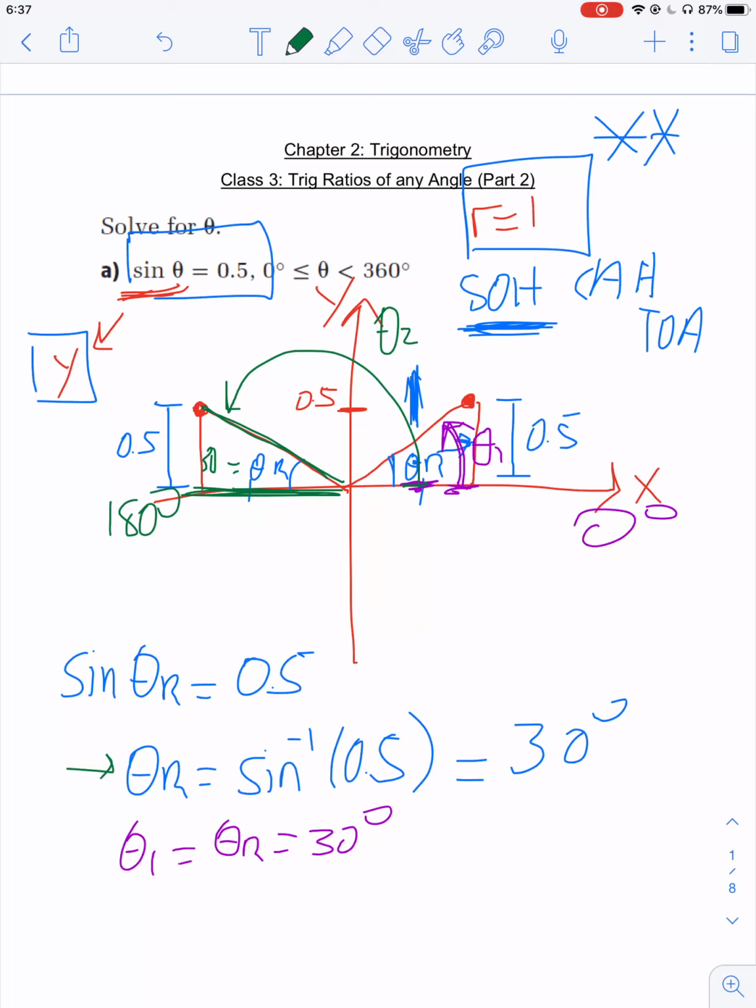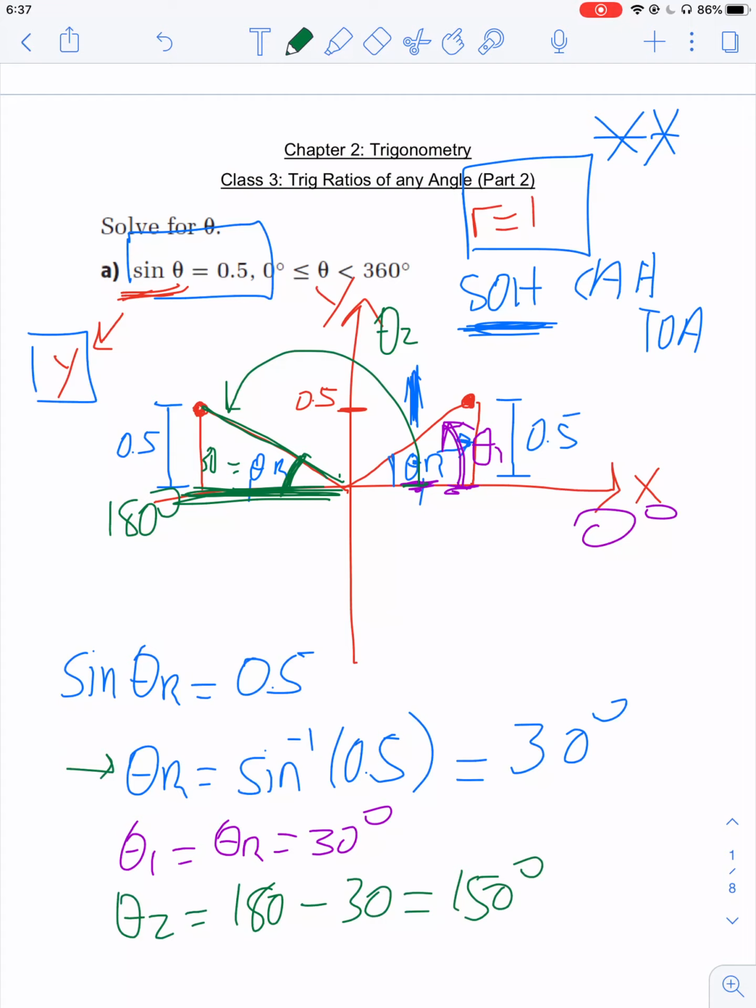So I know that the whole thing from here all the way up to here is 180, and this piece over here is 30 degrees. So you're just going to take the difference. It's starting to look ugly, but it's just this angle minus this piece over here, which is 30. So theta 2 will equal 180 minus 30, which is equal to 150 degrees.